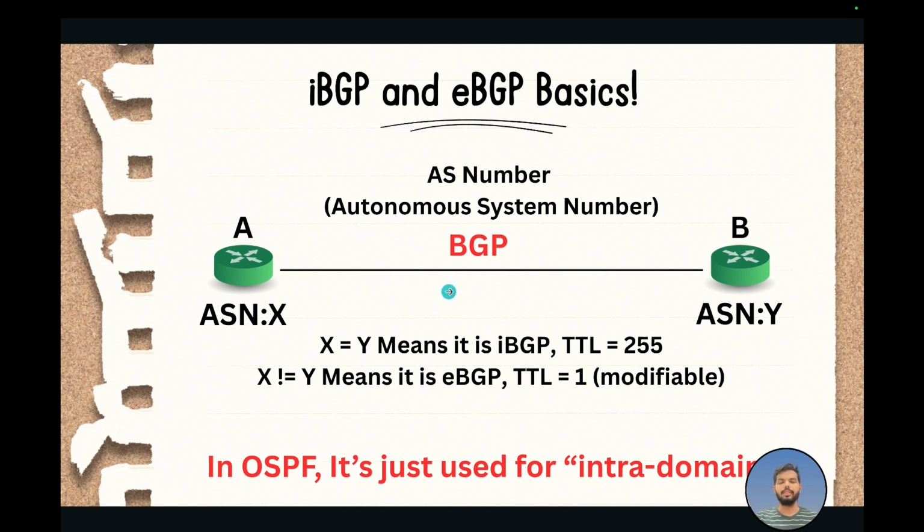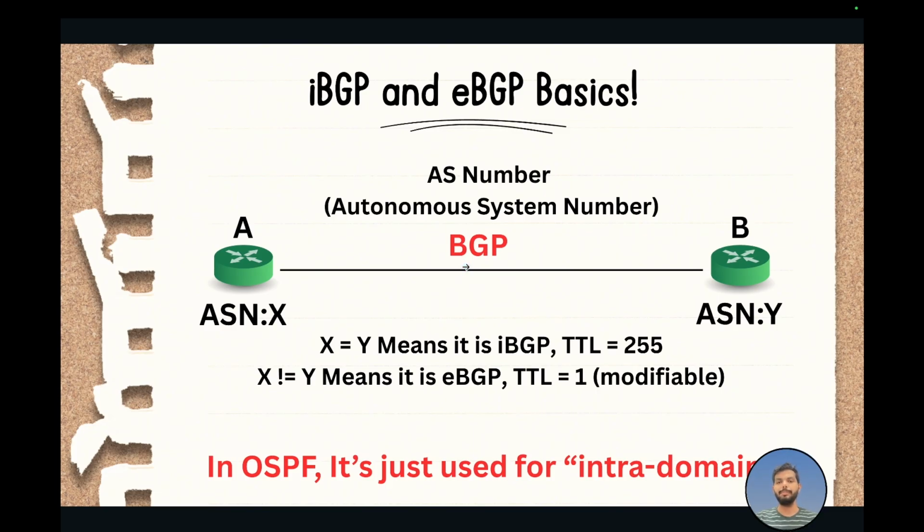Now there are certain things that you must know. If we are forming an iBGP neighborship, whenever we send routing updates the TTL value will be 255. That means there might be multiple devices in between these two when we have formed the iBGP neighborship.